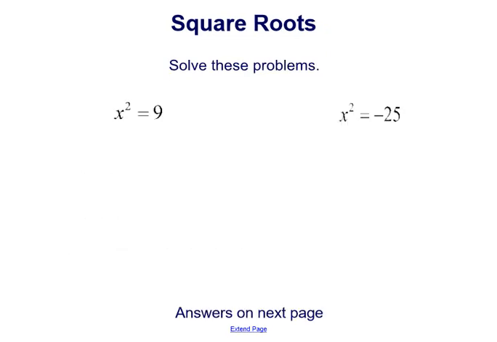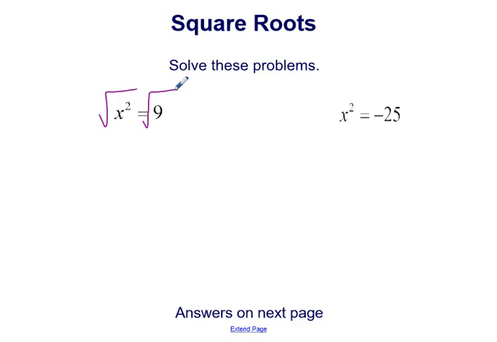Let's look at some more problems. Now we're actually solving equations. And again, it's all about the signs, whether they're outside or inside the square root. First, we have x squared equals 9. So if we were taking the square root of both sides, think about if that would be the principal or positive square root of 9, if it would be the negative square root of 9, or if it would be both plus or minus the square root of 9.